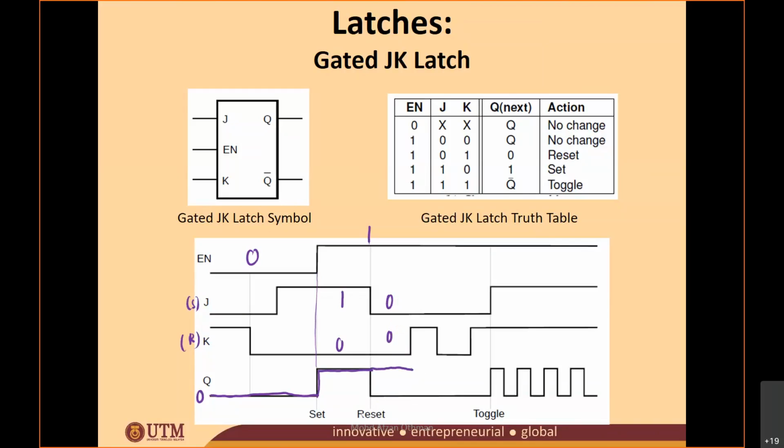So graf tu salah ke doktor? Sekejap ya. Saya dah okay, 1, 0 is set. Bila 0, 0, okay, ya graf ni sini salah. So bila 0, 0, so no change sampai sini.